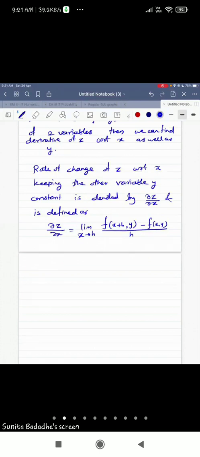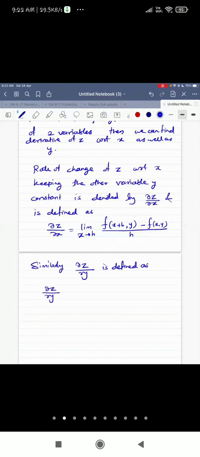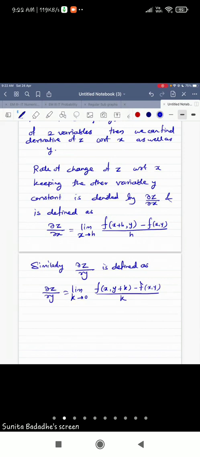Okay. Now similarly, dabba z by dabba y is defined as the limit as k tends to 0, where k is the increment in the y coordinate, of f of x comma y plus k minus f of x comma y upon k. So this is called the partial derivative of z with respect to y.